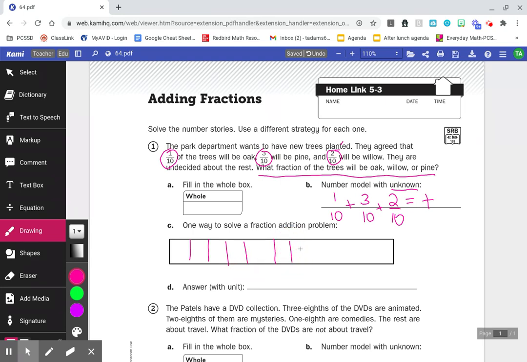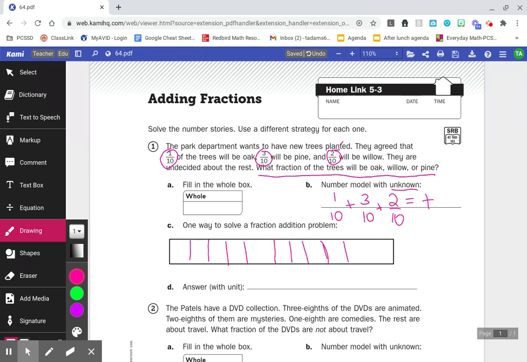Almost there. Oh, mine are a little uneven. 1, 2, 3, 4, 5, 6, 7, 8. Oops. 1, 2, 3, 4, 5, 6, 7, 8, 9, 10. Oh, that 10 is really big. Let's imagine it's not. Let's keep going.